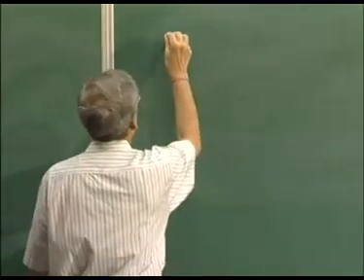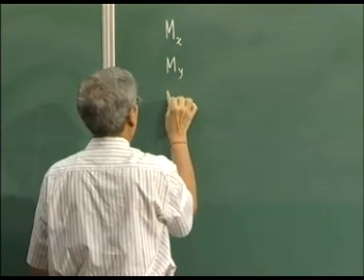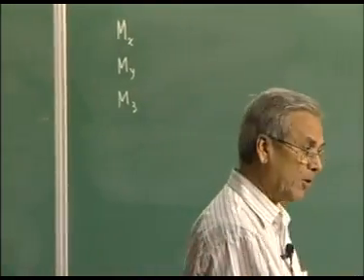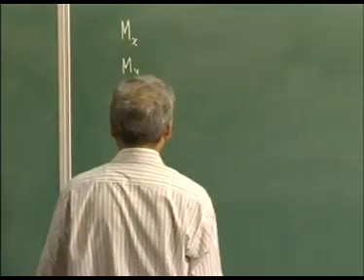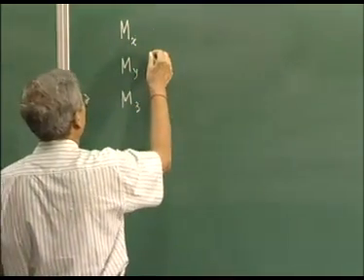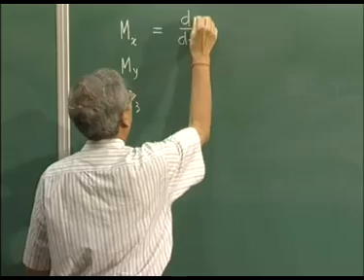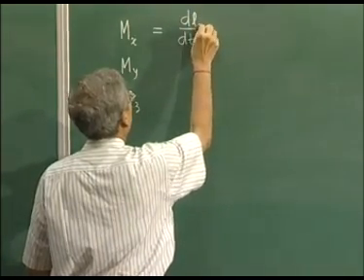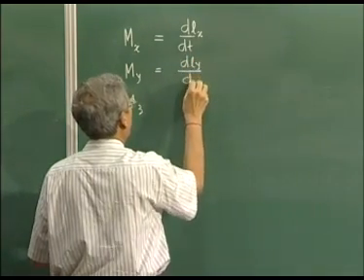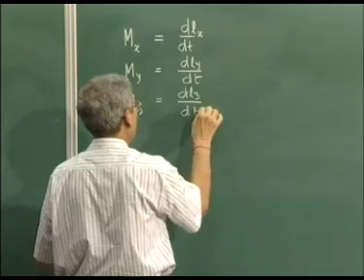Now, if the three components of the externally applied moments acting on a rigid body about its center of mass are mx, my, mz, then we can show that mx will be nothing but the rate of change of the angular momentum x component, my is the rate of change of angular momentum y component, and mz is the rate of change of angular momentum z component.